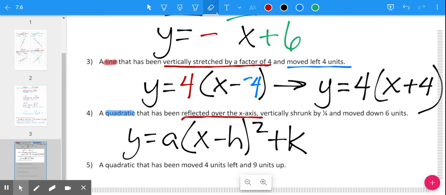So the first thing we know is a is going to be negative. And vertically shrunk by a scale factor of 1/4. So our a value is negative 1/4. And then it says it was moved down 6 units. So the h value is 0. The k value is negative 6.